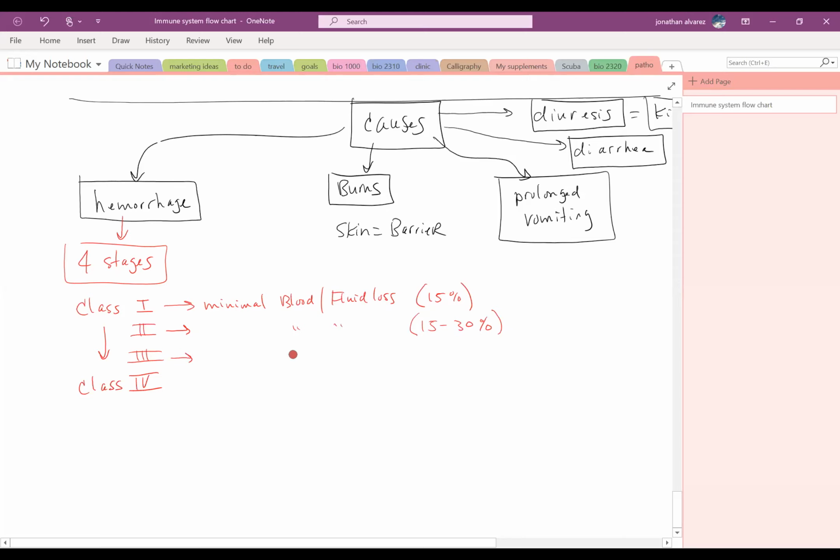And class 3 would be blood or fluid loss 30 to 40%. And then class 4, which is the worst, would be blood or fluid loss greater than 40%.